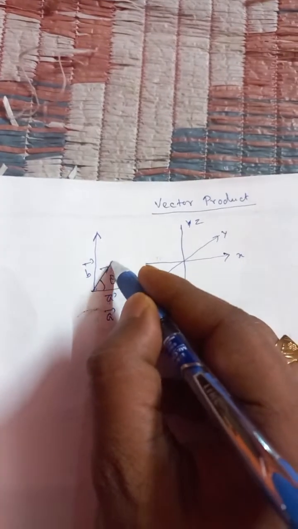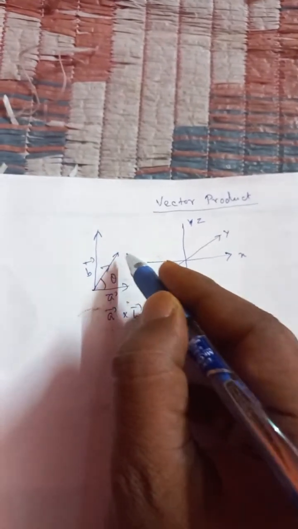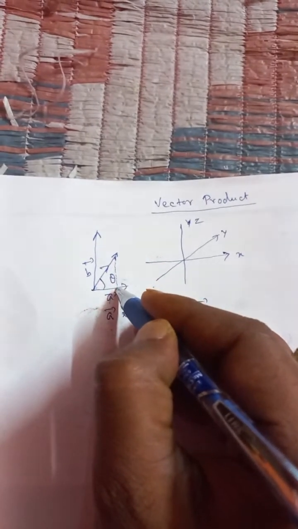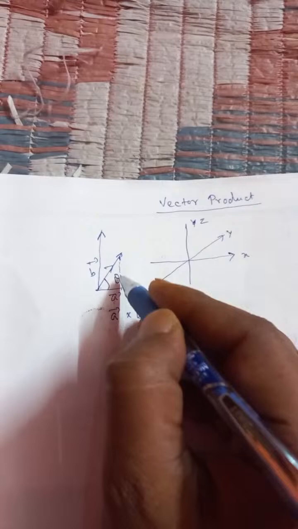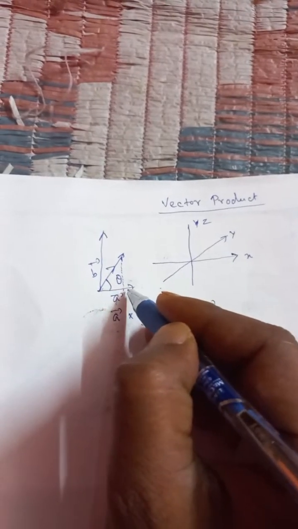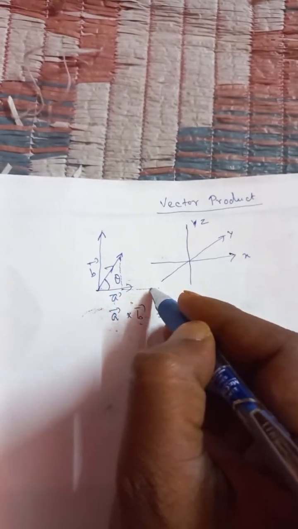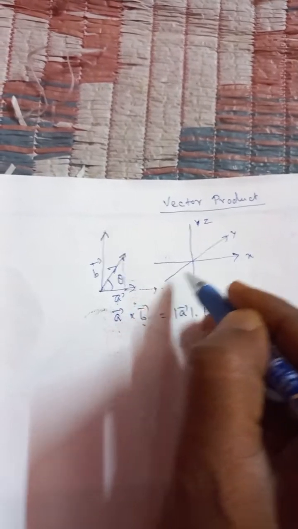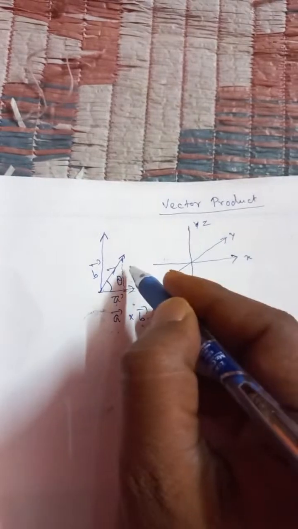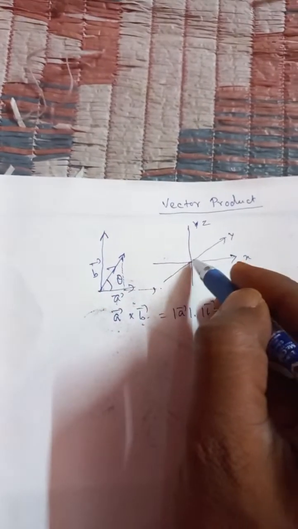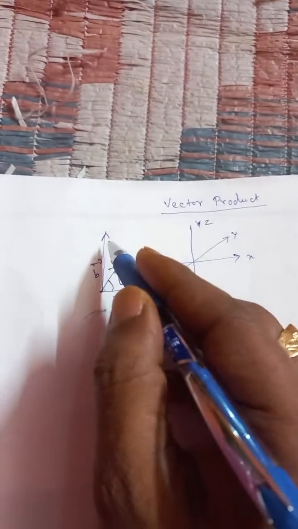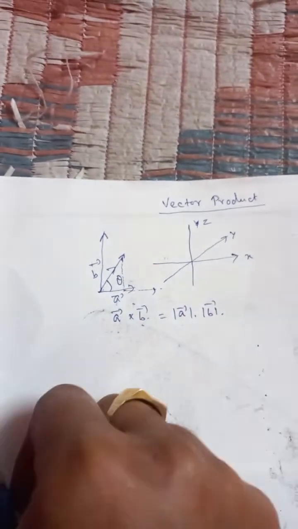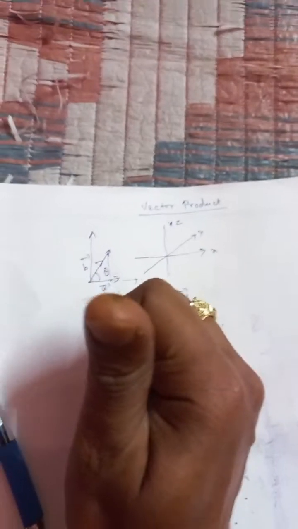How can we prove that there will be sine theta? If we take a perpendicular from B vector to A vector, then taking this vector as the x-axis and this vector as the y-axis, the perpendicular represents A cross B vector. We can take it this way also.